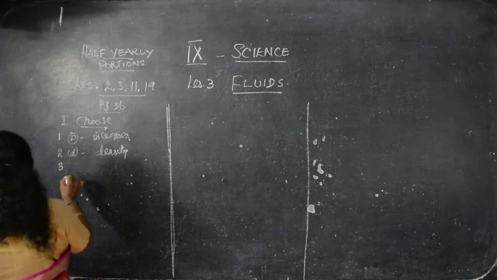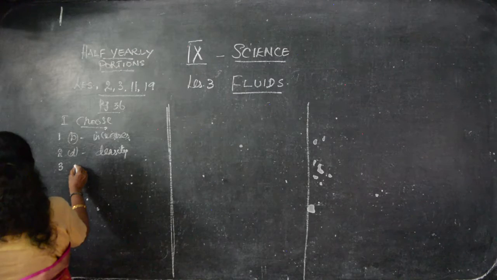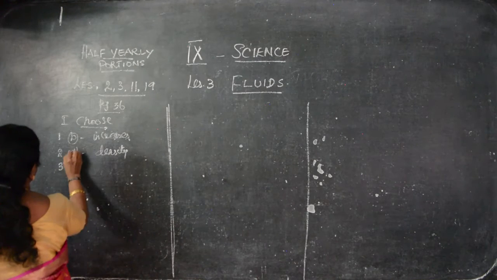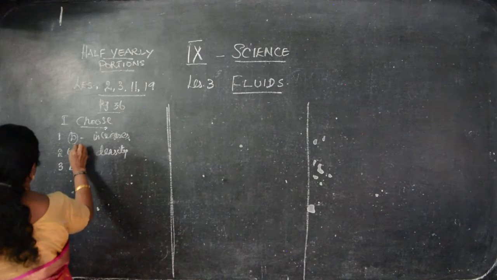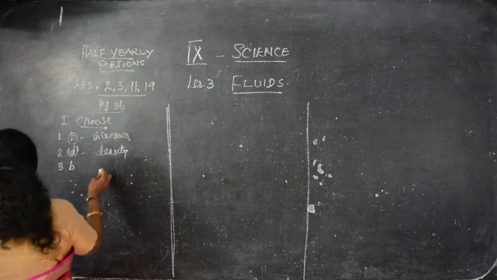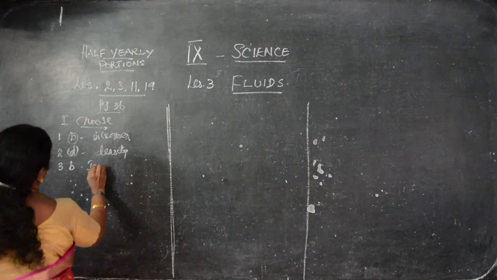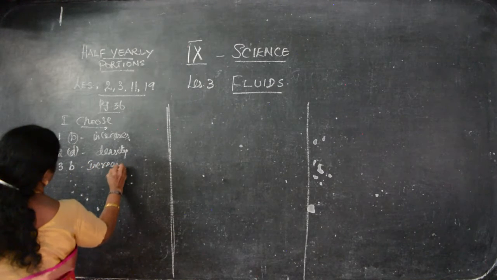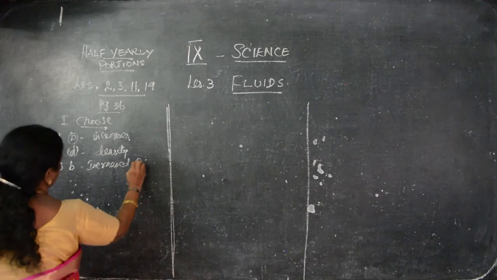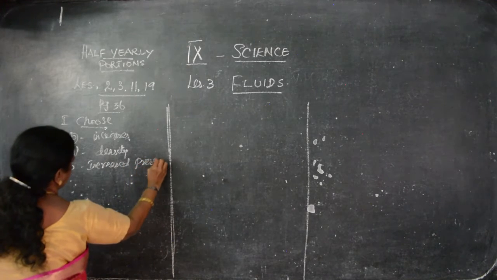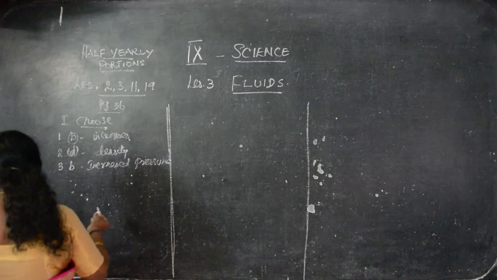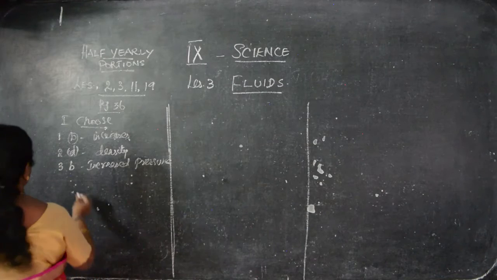Third one is B, increased pressure. Increased pressure raises the boiling point.